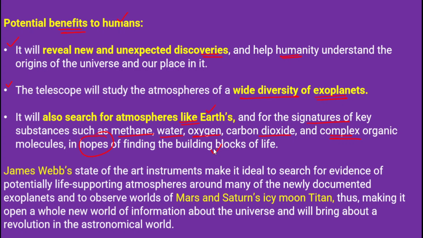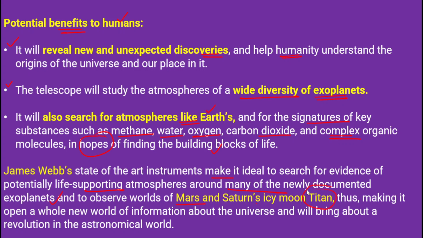So this is how you have to address all parts of the question, and in conclusion you just have to write, you need to be optimistic and hopeful about the James Webb Space Telescope and the findings of this space telescope. So James Webb's state-of-the-art instruments make it ideal to search for evidence of potentially life-supporting atmosphere around many of the newly documented exoplanets, and observe the worlds of Mars and Saturn's icy moon Titan.